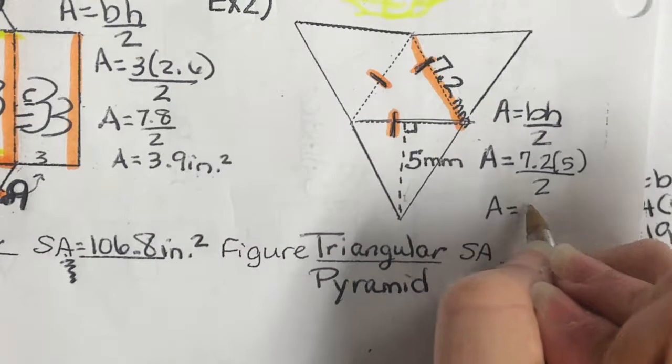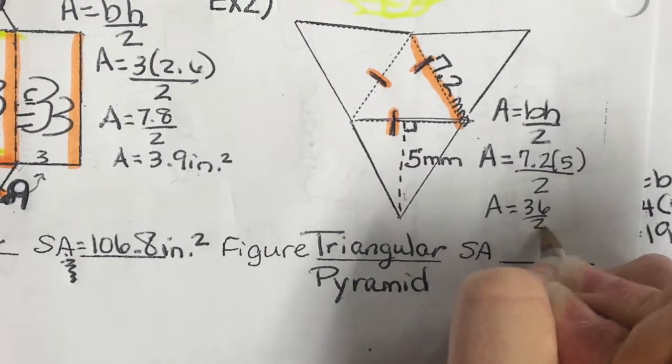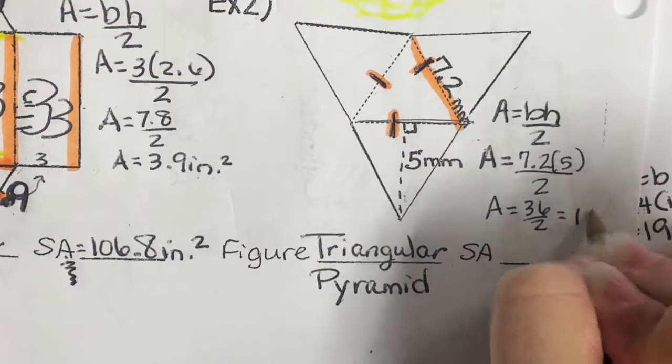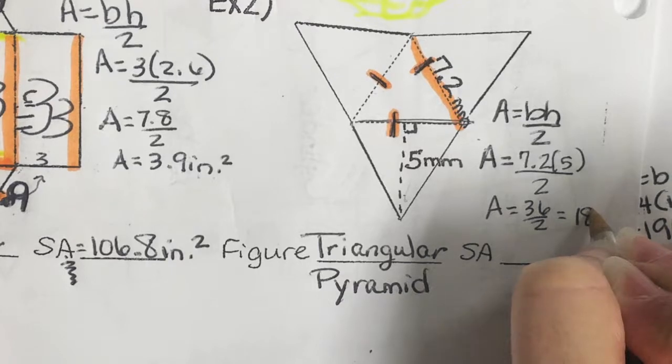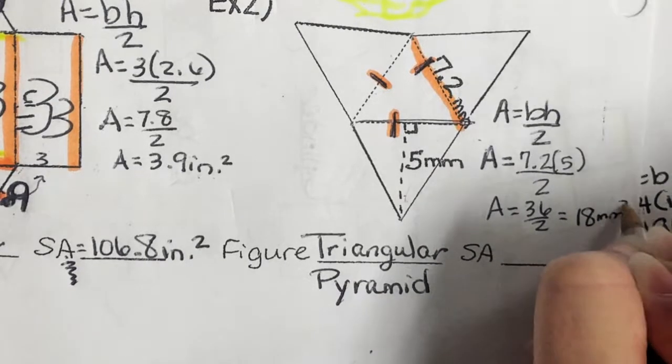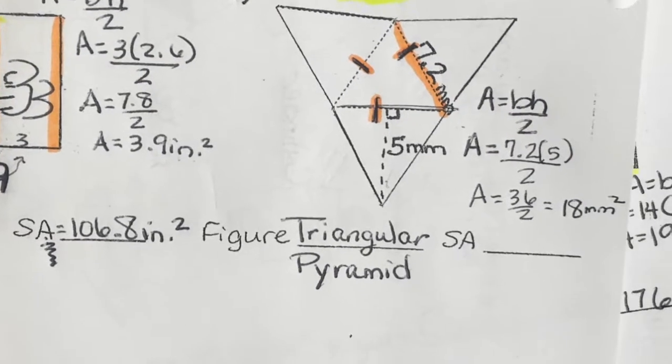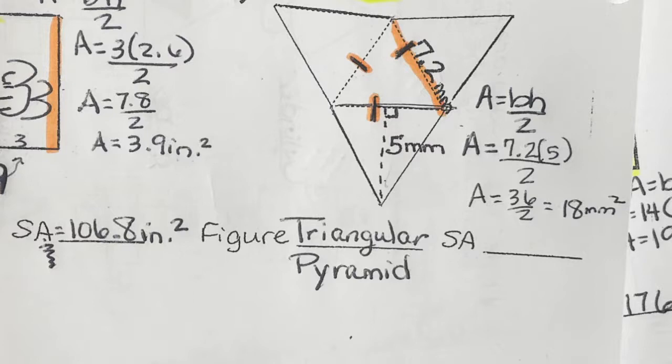And then divide by 2. Millimeters squared. Okay, now kind of slow down for a second. It is 18, but what is 18?